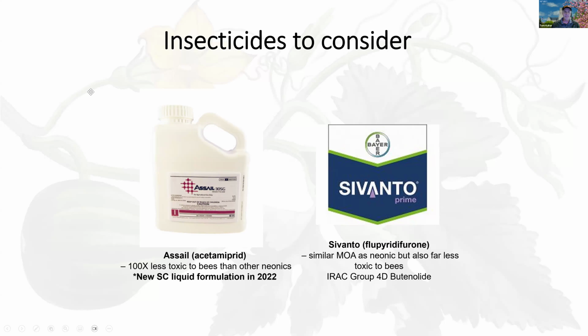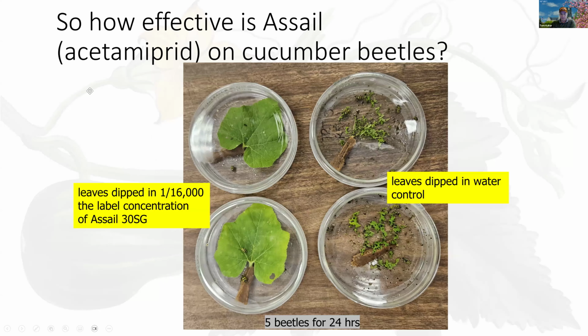But now the question is, is that just as good as the other ones? Well, we tested that. Basically, what we did is treated, I think it was melons. We treated them in the field, and then we would pull the leaves at various intervals, and then we also dipped them in different concentrations of Assail where we took the field application rate and then just kept diluting it.